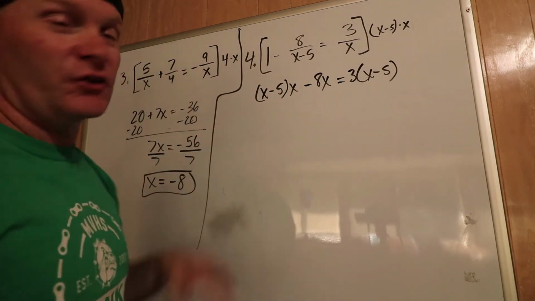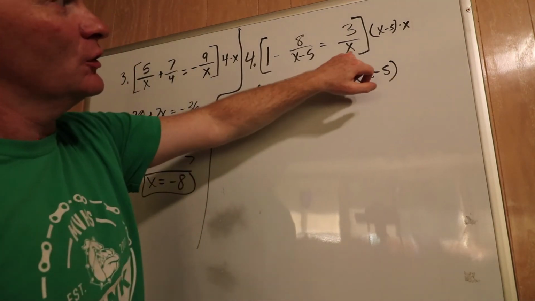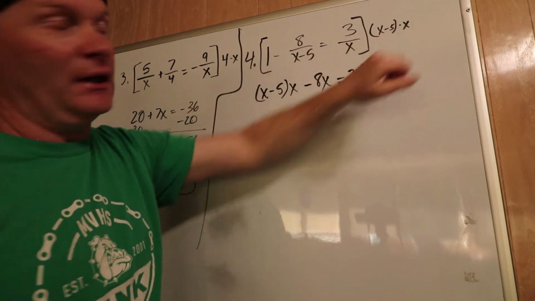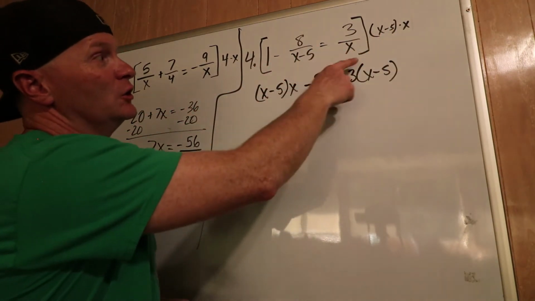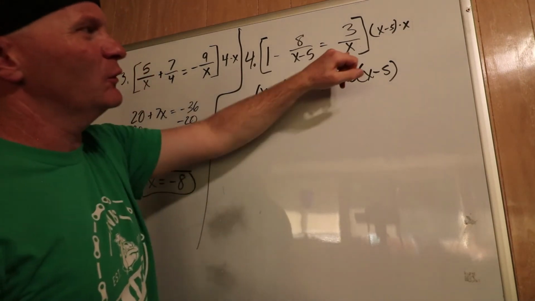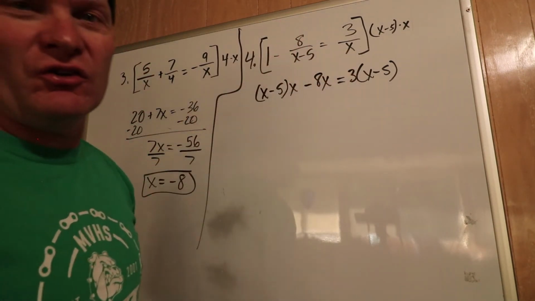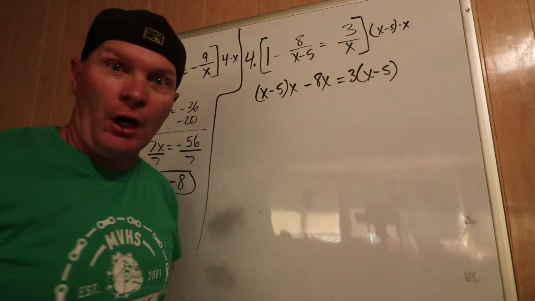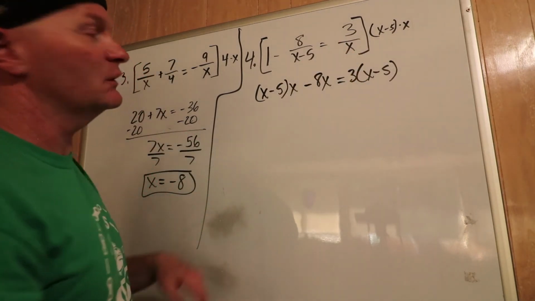Okay, that's the tricky part. That's a little bit confusing. So you're just going to have to multiply by the least common denominator. Okay, sometimes you might get something, well, we'll look at the next example. The next example is a little different. But you can always just multiply by all the denominators if you can't find the least common.